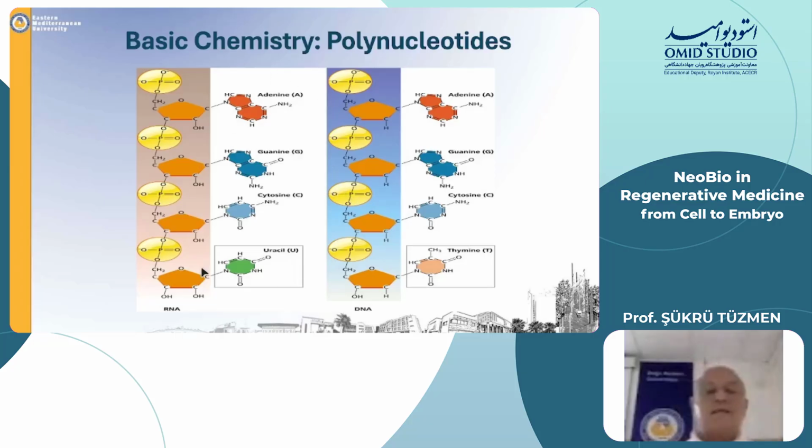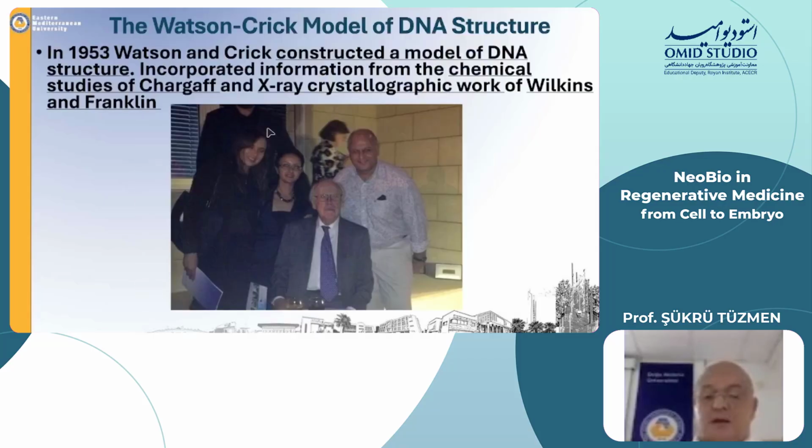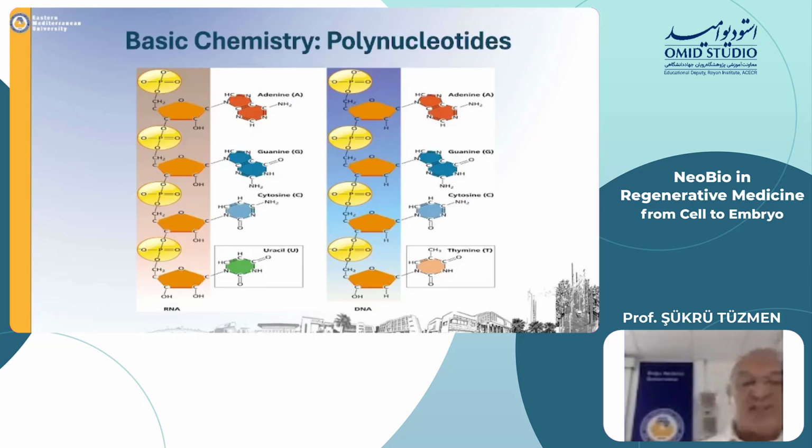So these are the structures of both DNA and RNA. The major distinguishing factor between DNA and RNA, you will notice on the slides, is the 2' OH presence in RNA and the 2' H presence in the DNA molecule.